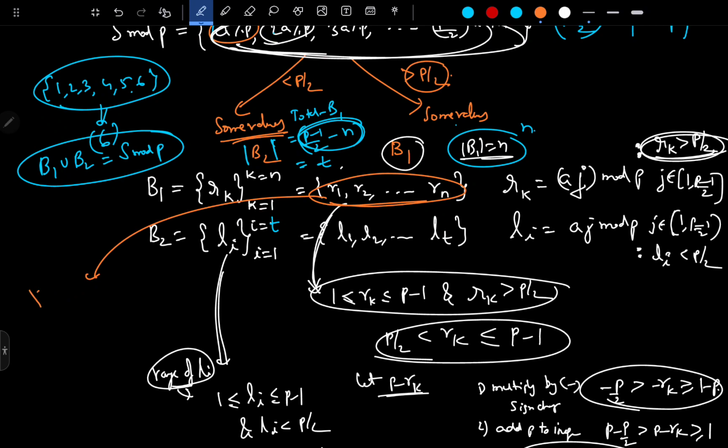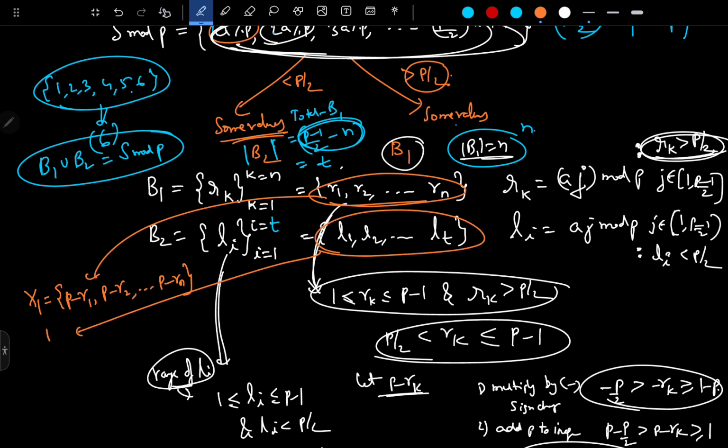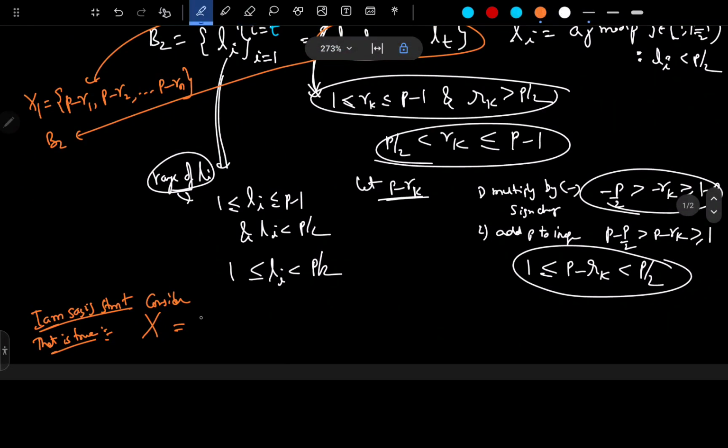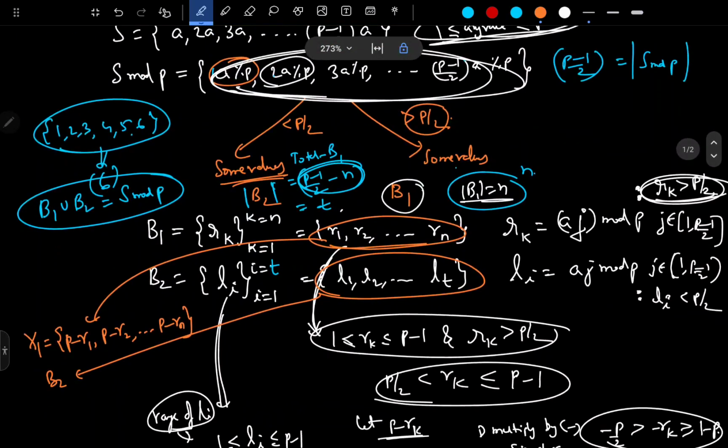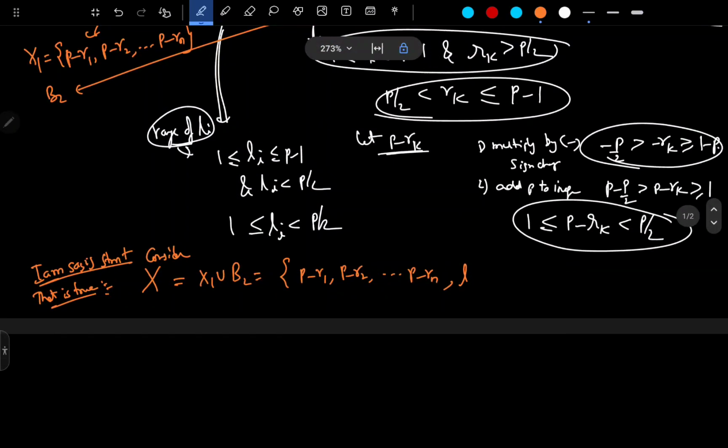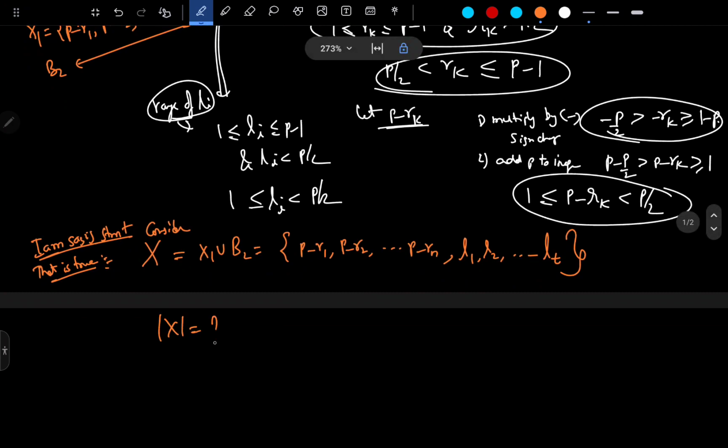So we get P minus R1, P minus R2 and so on, P minus Rn. Let's take this as B2. Now consider X to be X1 union B2. That means P minus R1, P minus R2 and so on, P minus Rn, comma B2, which is L1, L2 and so on, LT. Happy? So now what is the cardinality of mod X?